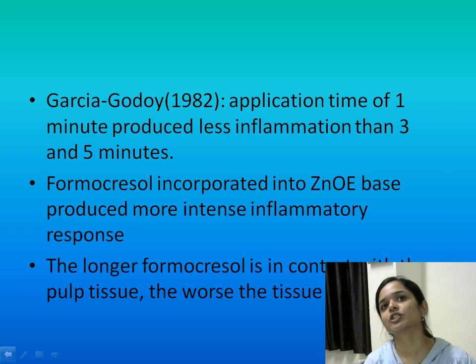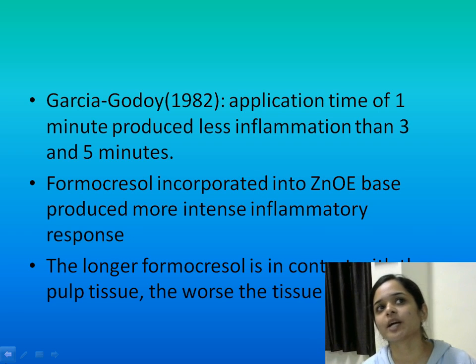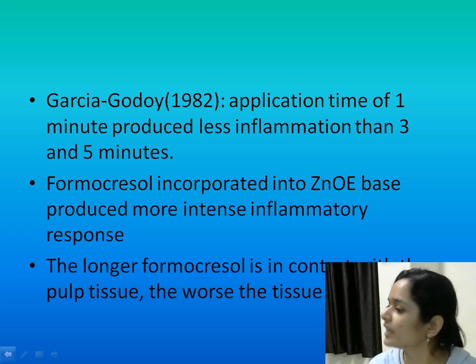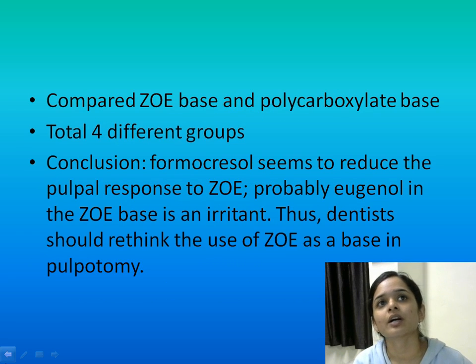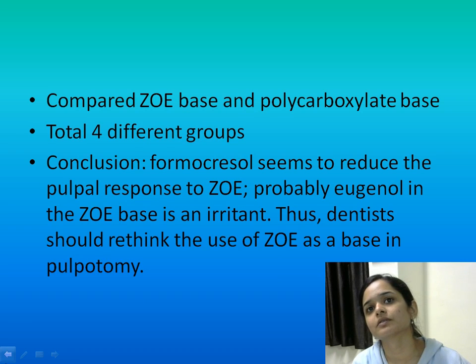Garcia-Goda showed that an application time of 1 minute produced less inflammation than 3 to 5 minutes. So some authors advocate a 1 minute procedure also. Formocresol incorporated into the ZOE base produces a more intense inflammatory response. The longer formocresol is in contact with the pulp tissue, the worse is the tissue response. Compared ZOE base and polycarboxylate base.